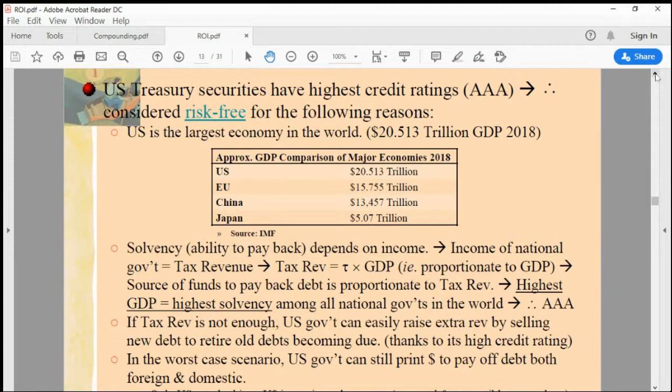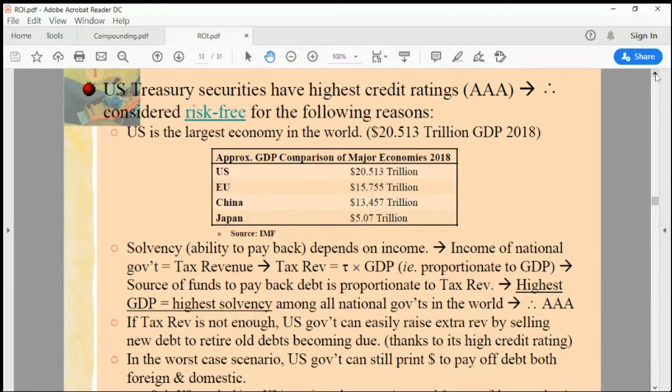Solid, permanent, secure job, with job security, and you have a constant, steady level of income, you have to pay back, right? Makes sense? You have solvency, right?